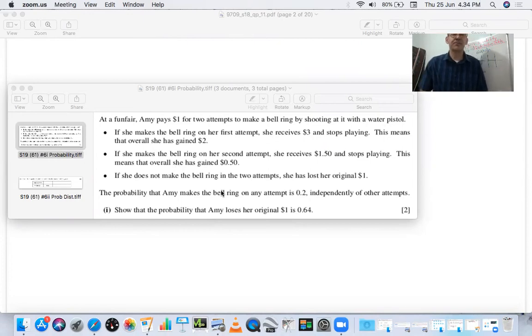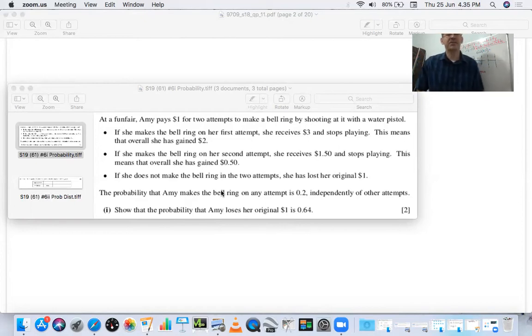If she makes the bell ring on her first attempt, she receives $3 and stops playing. This means that overall, she has gained $2. So she shoots at the bell, and on her first shot, hits the bell, gets $3. She had paid $1, so she's now gained $2.